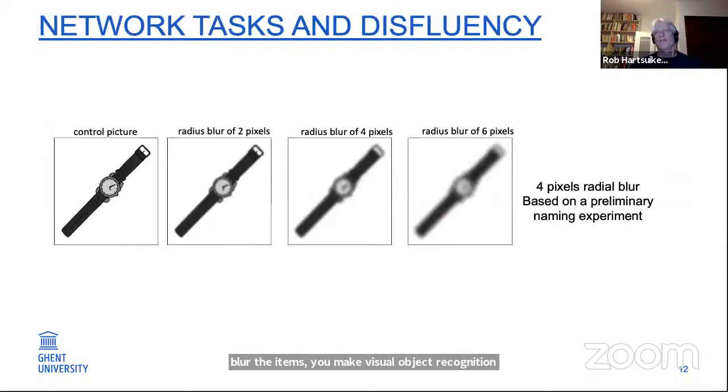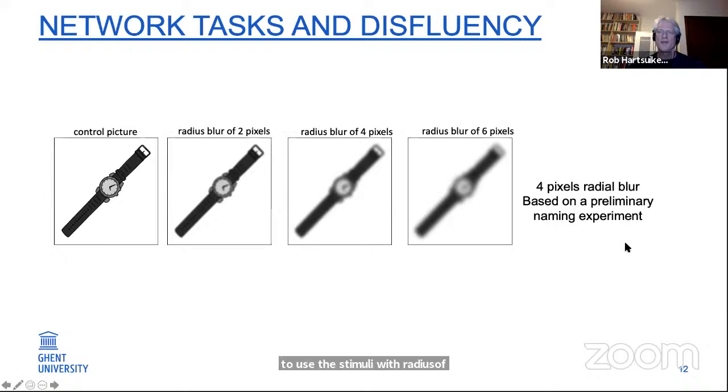Before we did this experiment, however, we first did a control experiment to choose the right level of blurring. In that control experiment, we presented stimuli like the ones you see over here with no blurring, a radius of 2 pixels blurring, 4 pixel blurring, or 6 pixel blurring.